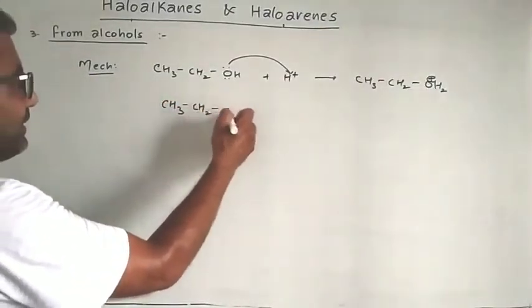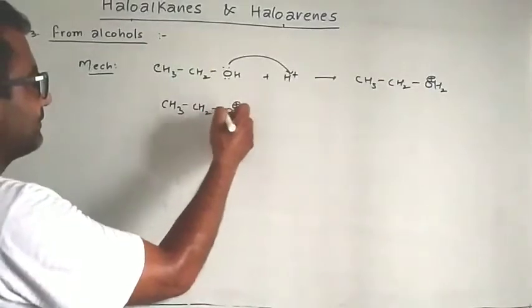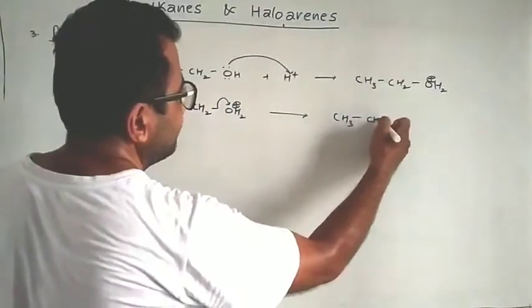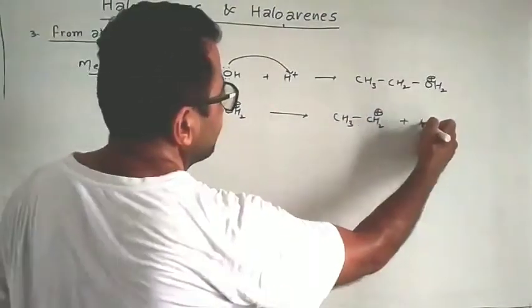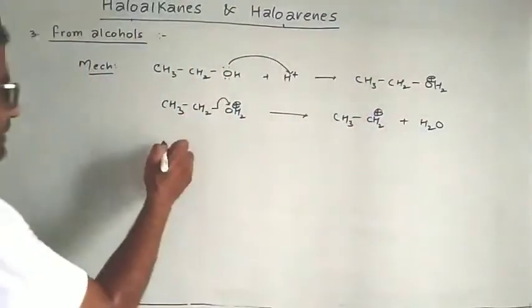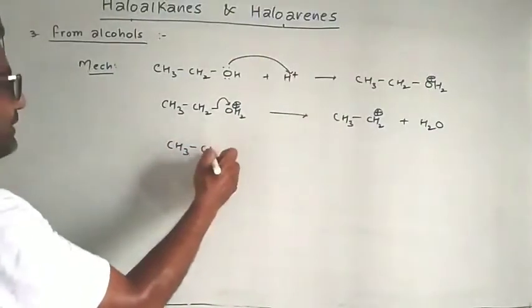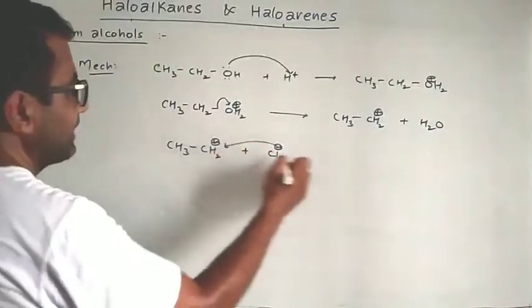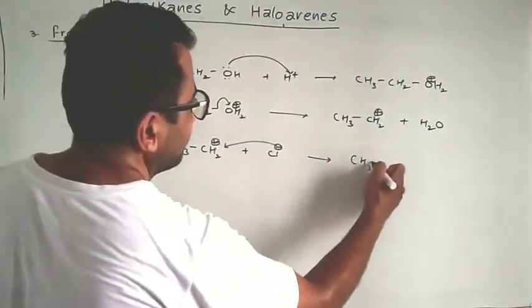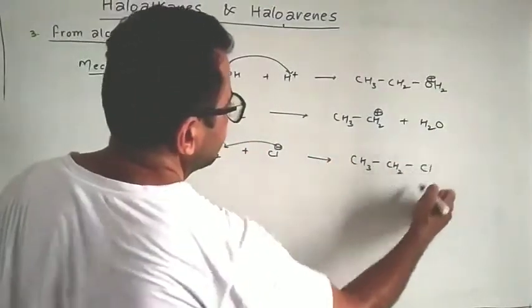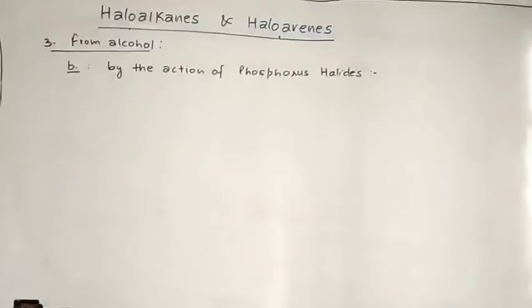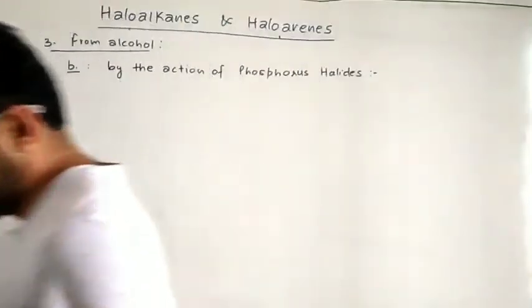This protonated alcohol releases water to produce carbocation. This carbocation is then attacked by chloride ion to produce this alkyl halide.